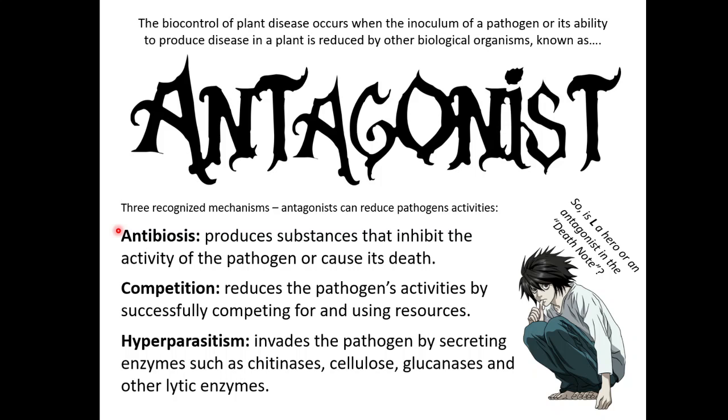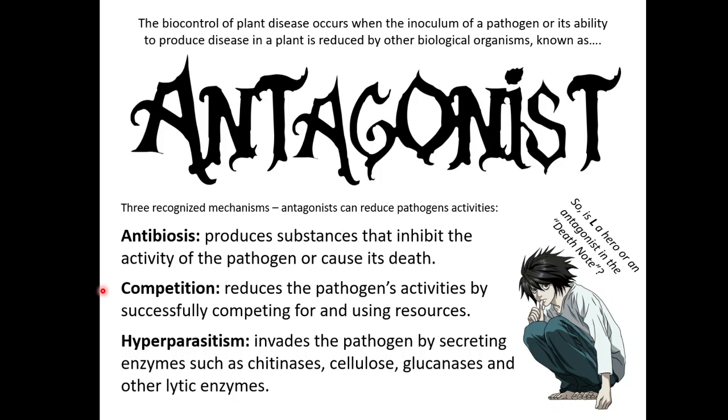and other toxic substances. Next is competition, where the antagonist reduces the pathogen's activities by successfully competing with the pathogen and using resources needed for the pathogen to grow. Not only that, they take all the resources to make sure that the pathogen cannot reproduce and also survive.